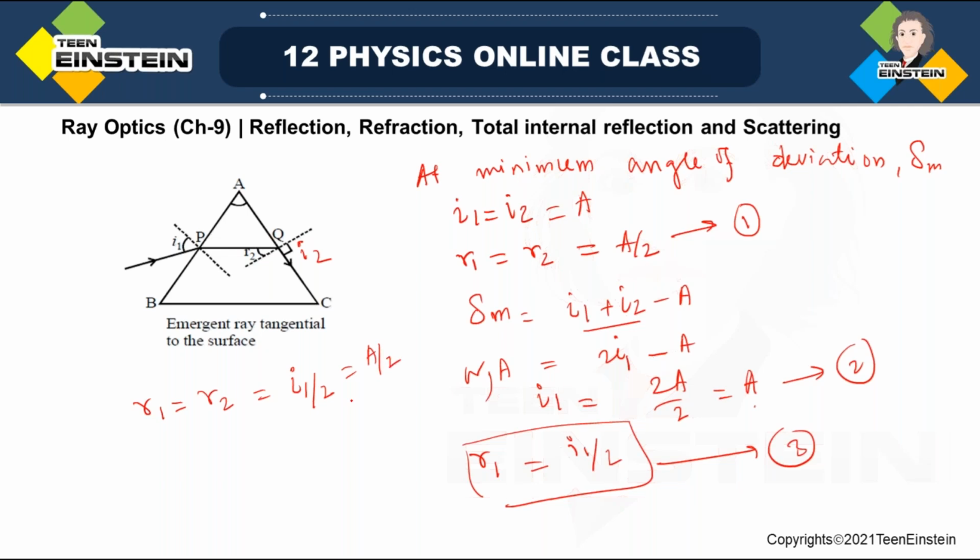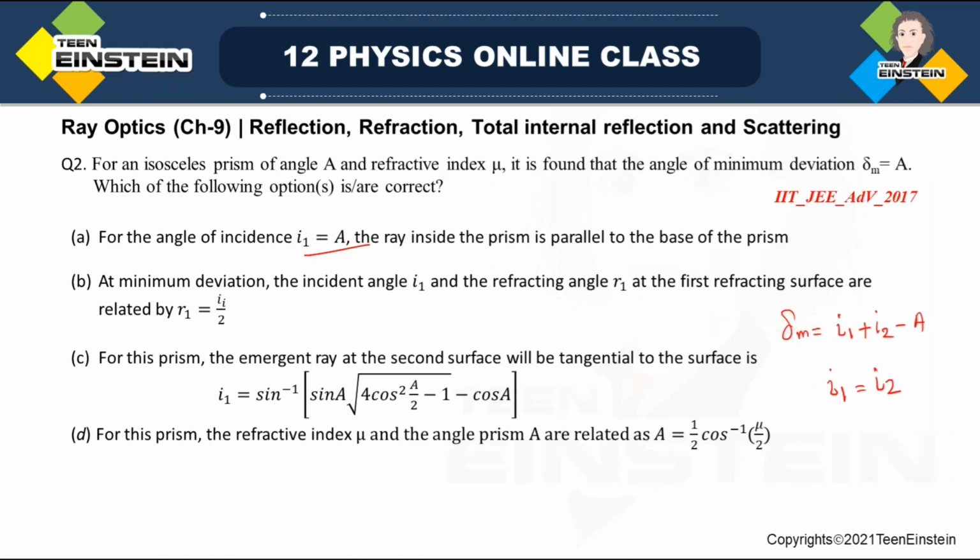See, this is R1 and this is R2; if these are the same, then this ray will always be parallel to the base of the triangular prism. So that is what is said here. So this is correct. I'm just writing C for the correct option.